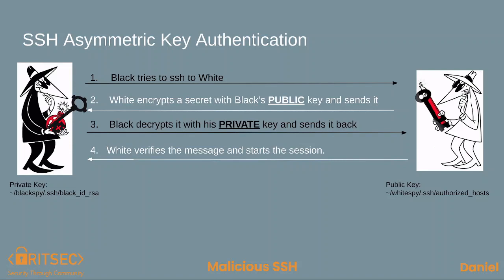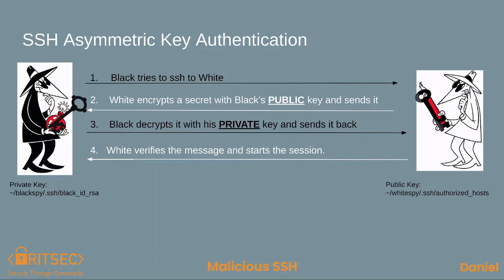And I believe they'll also send a symmetric key, which is what they'll use to actually encrypt the actual session. So that's how that works. You learn this in CSEC 140, asymmetric key authentication. So, refresher, cool.